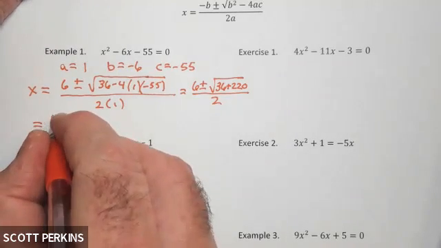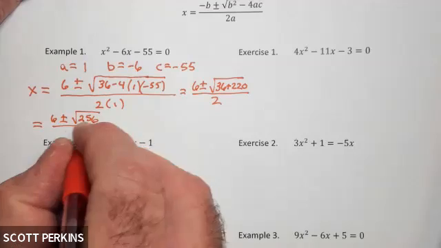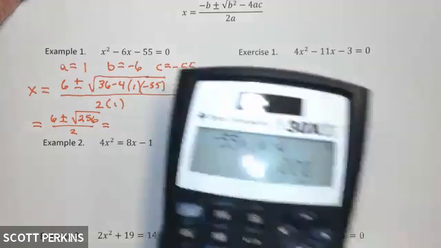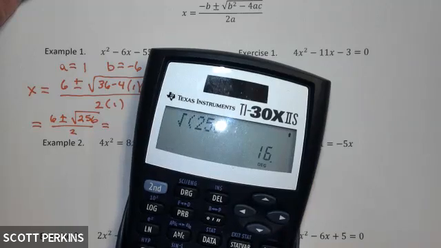So then I've got 6 plus or minus the square root of 256 divided by 2. 256 does turn out to have a perfect square root, so the square root of 256 is equal to 16.